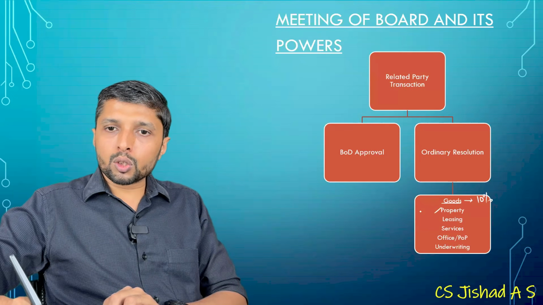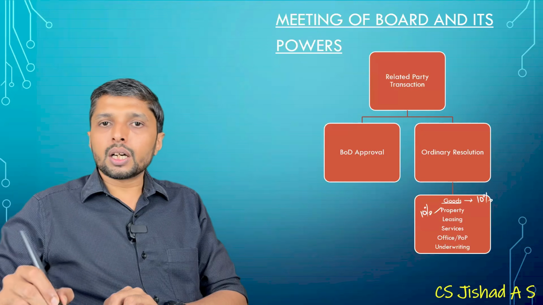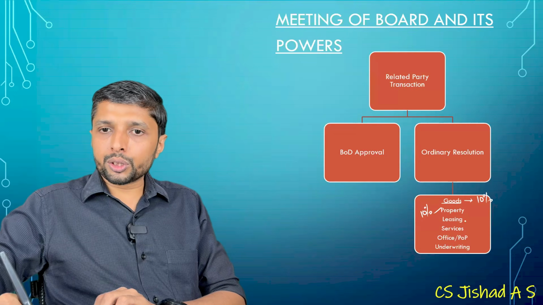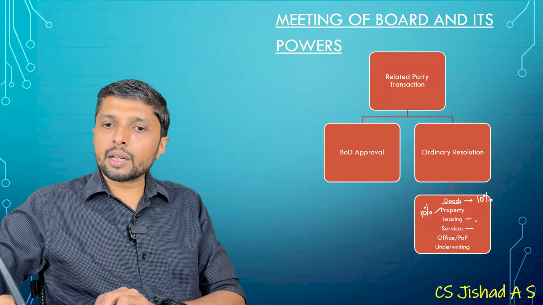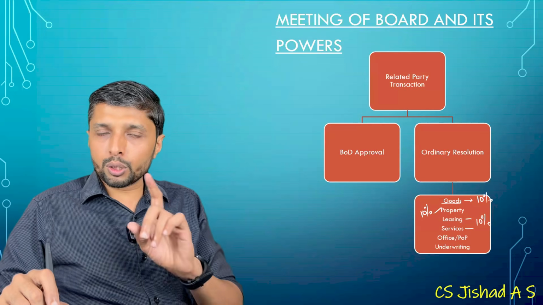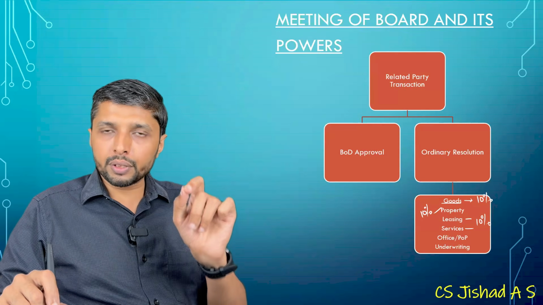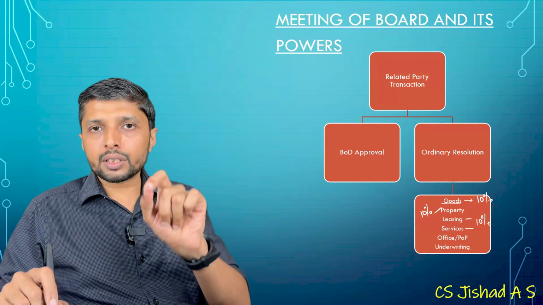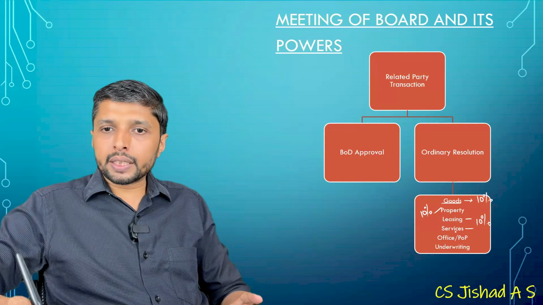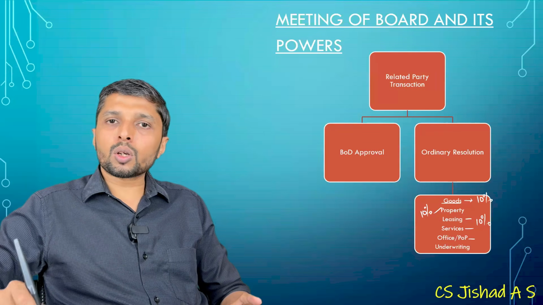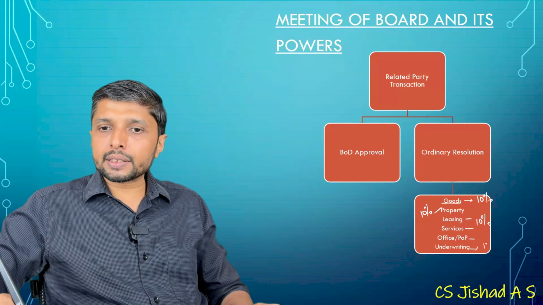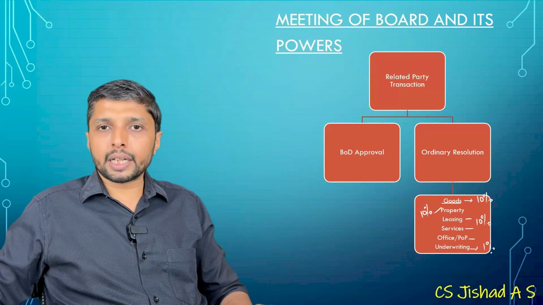If it is related to property, 10% of your net worth, you will require approval by ordinary resolution. Then leasing and availing or rendering of services, it is 10% of turnover. So you will require an ordinary resolution if an individual or aggregate transaction in a financial year reaches 10% of turnover. Then office or place of profit more than 2,50,000 in a particular month. Underwriting in excess of 1% of net worth.